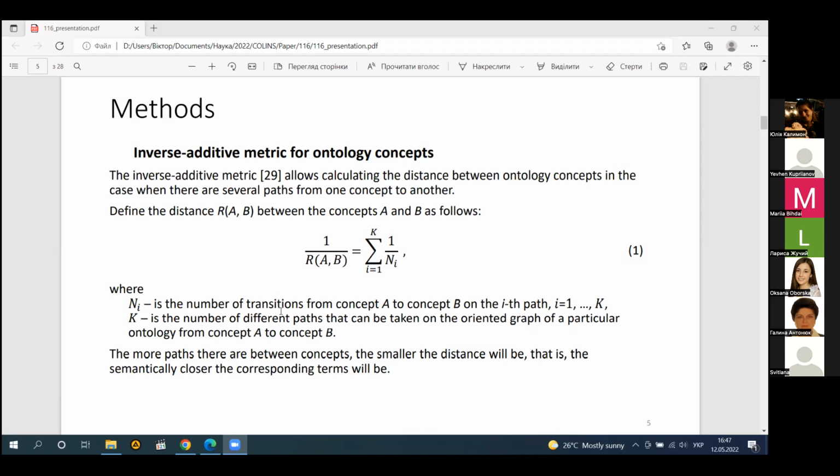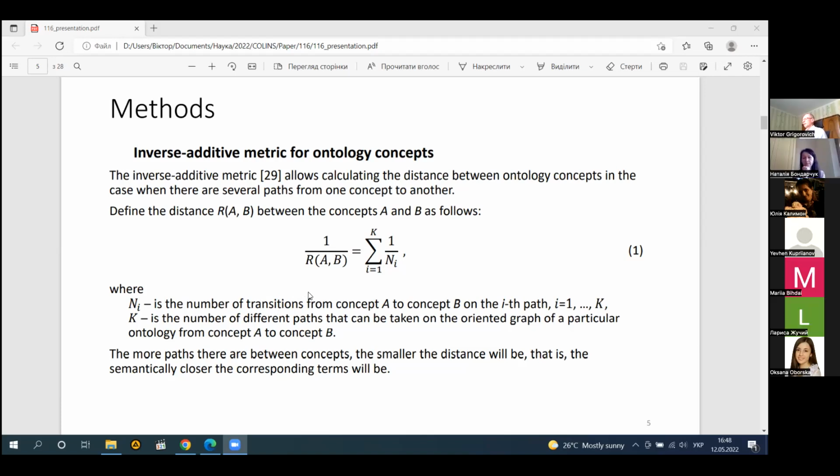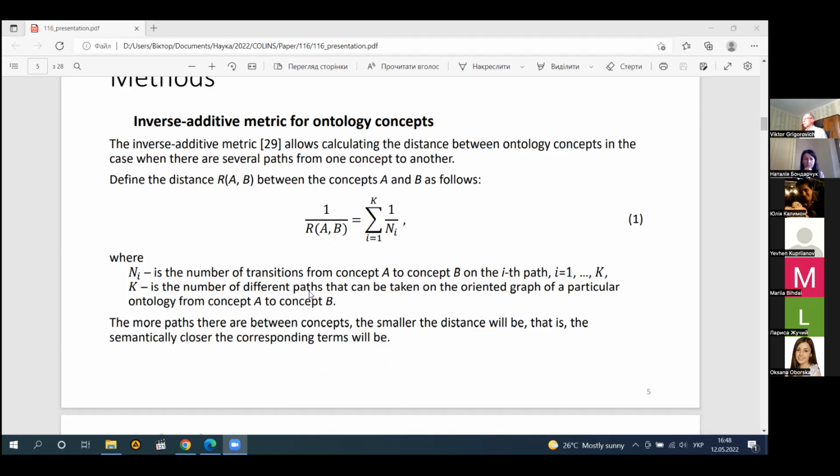K is the number of different paths taken on the oriented graph of the particular ontology from concept A to concept B. Then the more paths there are between concepts, the smaller the distance will be. That is, the semantically closer the corresponding terms will be.